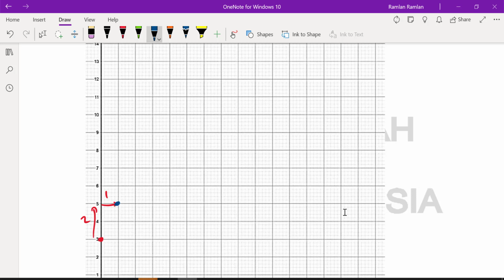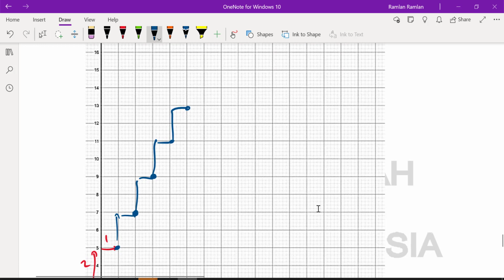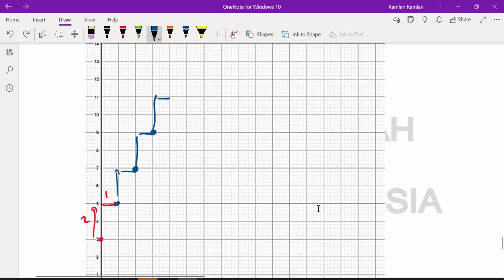You basically just need 2 points to make a straight line. But in here I'm just going to use 2 and 1 repeatedly, just to make it more precise.